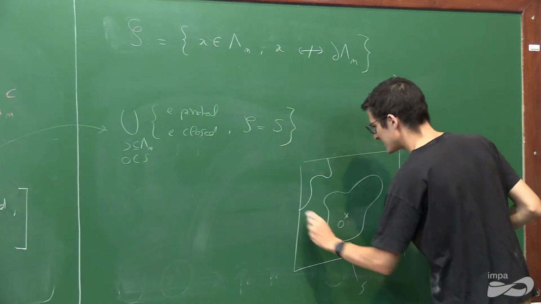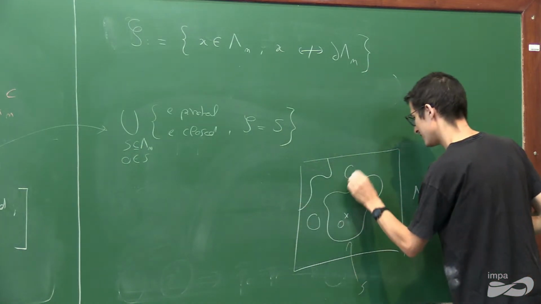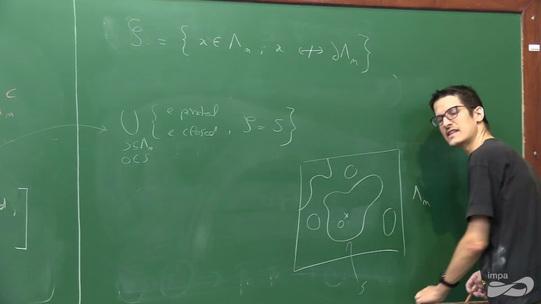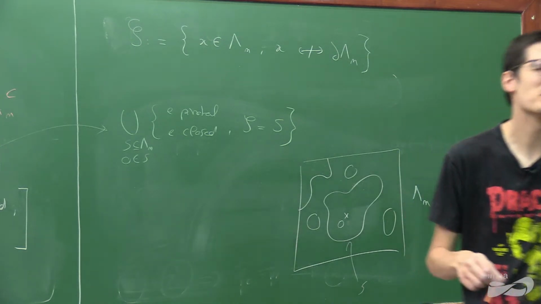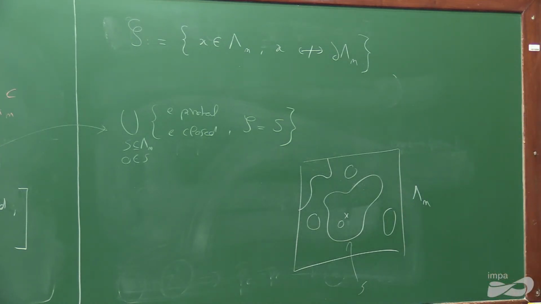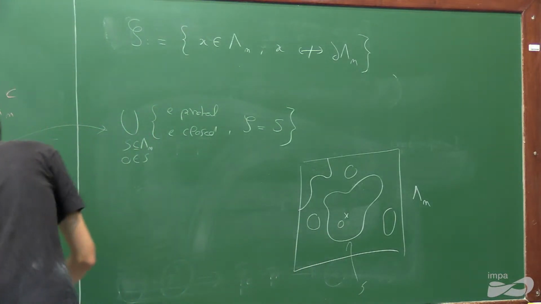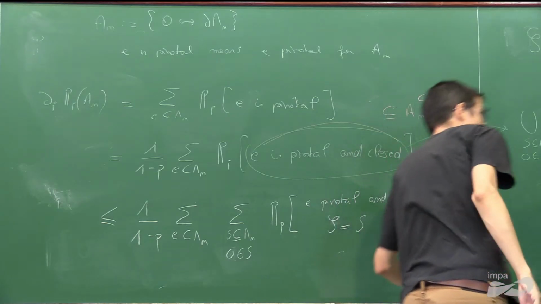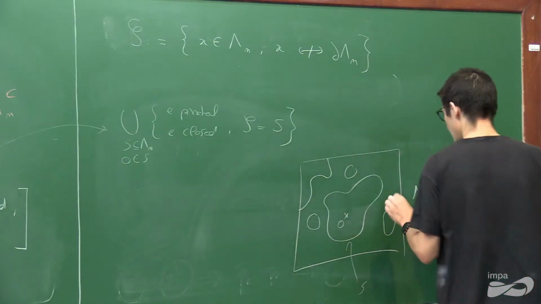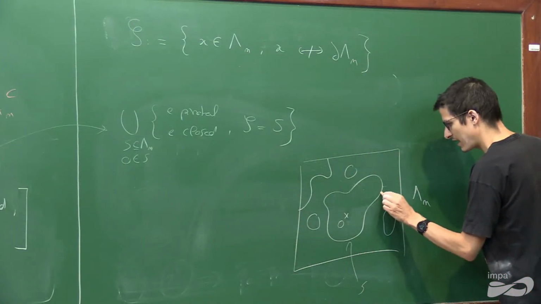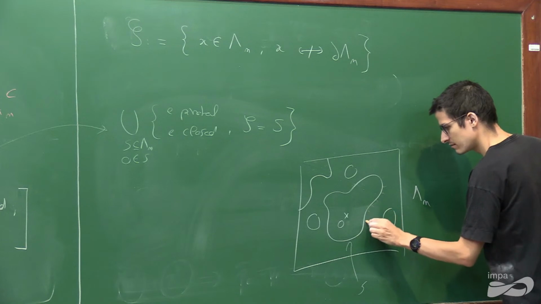Okay, and S is not necessarily connected, but the only important thing here is really the connected component that is going to 0. So because E is pivotal, we know that all the edges going out of S, they are closed.